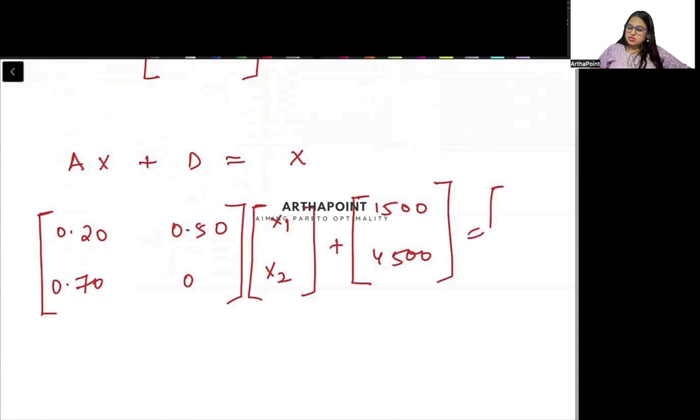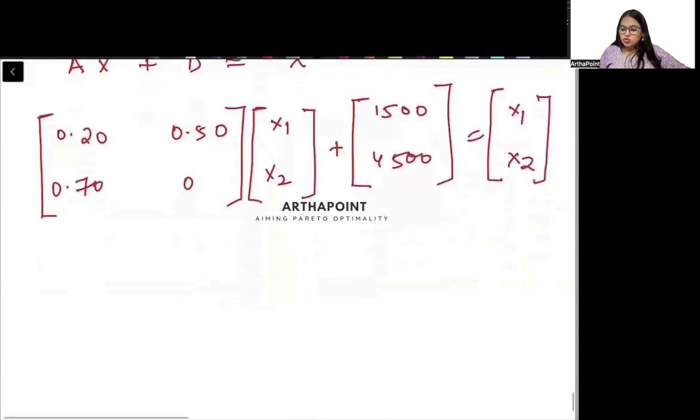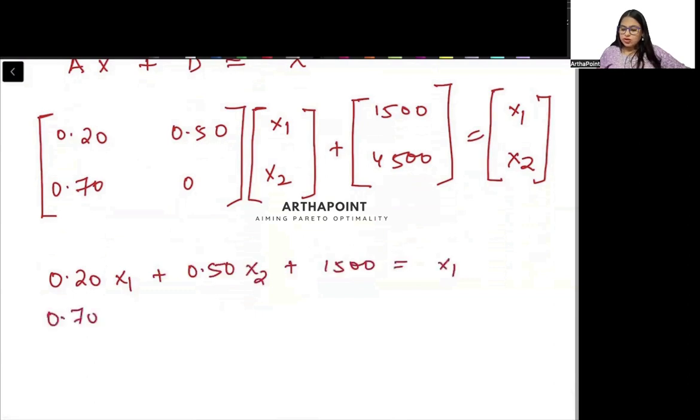So you will get 0.20 X1 plus 0.50 X2 plus 1500 is equal to X1. 0.70 X1 plus 0 X2 plus 4500 is equal to X2.